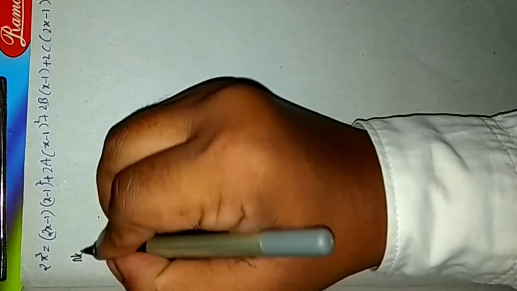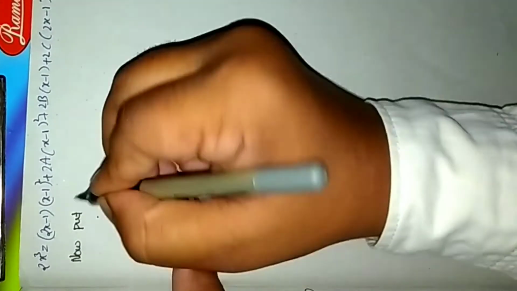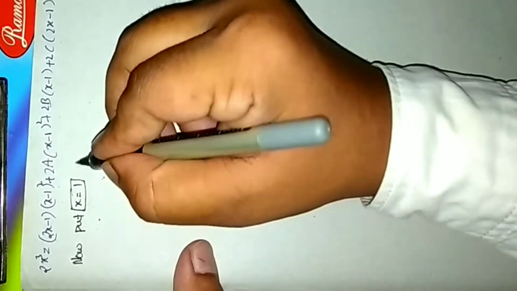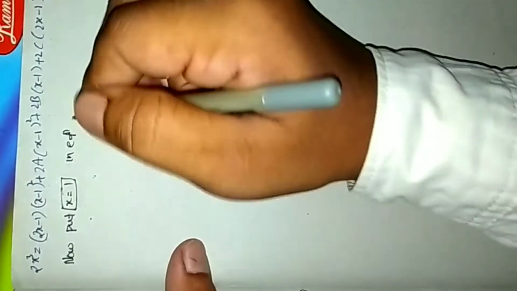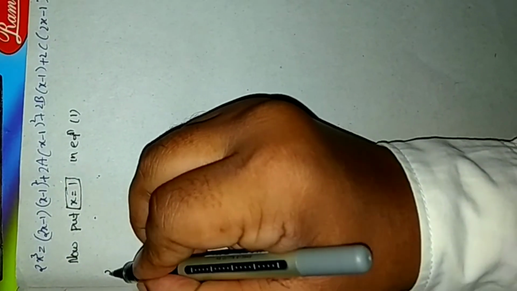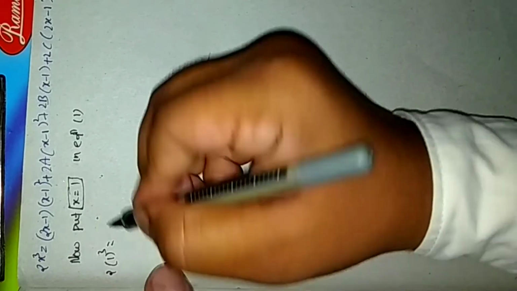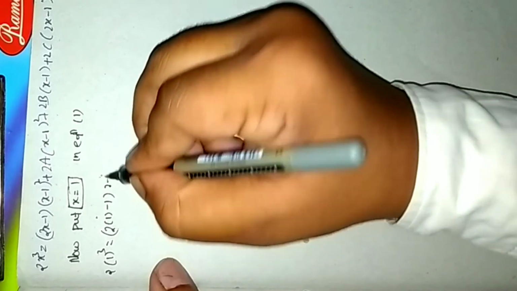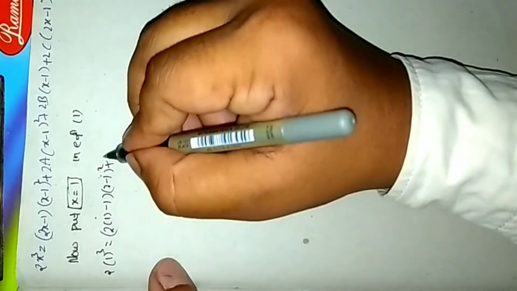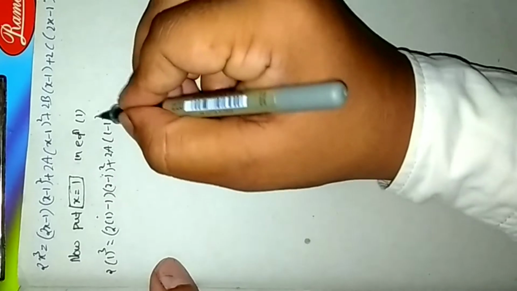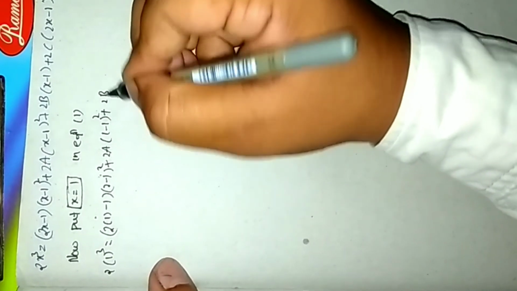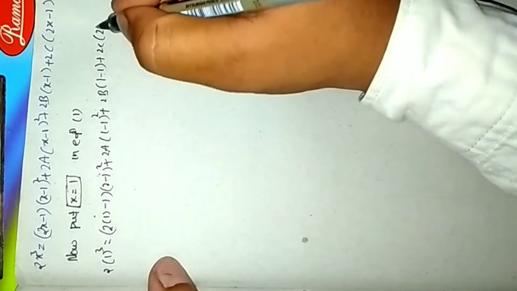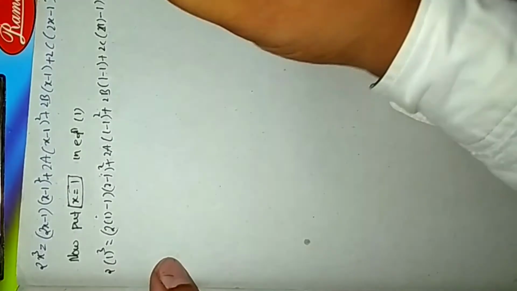And now put x is equal to 1 in equation 1. 2 of 1 whole cube is equal to 2 of (1 minus 1) into (1 minus 1) whole square plus 2a of (1 minus 1) whole square plus 2b of (1 minus 1) plus 2c of (2 of 1 minus 1).